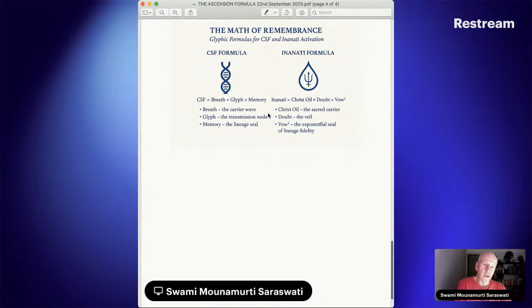Here's another one, the math of remembrance. Glyphic formulas for CSF and inner nati activation. CSF formula: CSF equals breath times glyph times memory. Breath is the carrier wave. Glyph is the transmission node. Memory is the lineage seal.